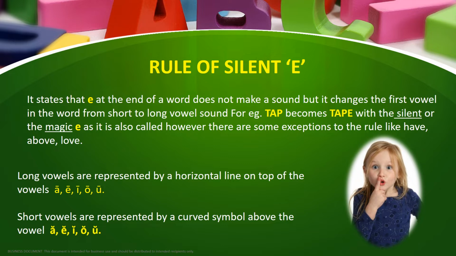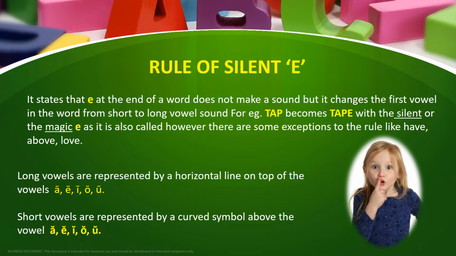However, remember, there are some exceptions to this rule. This rule is not 100% applicable to all the words. Which are the exceptions? Some of them are have. Can you listen to the sound of E there? Have? Is there any E sound? No, there is not.